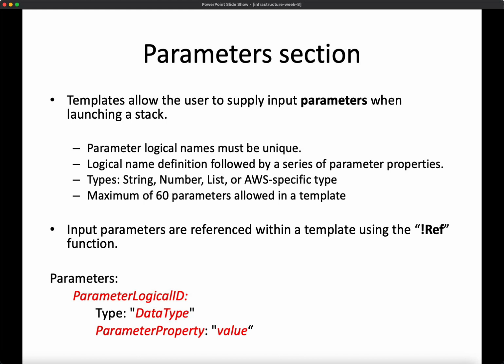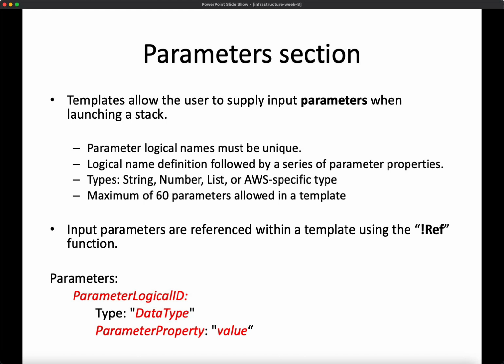You could use that same template then to launch a stack for a production environment, and via these parameters you could specify that the production stack has a significantly higher level of compute and memory capacity for the resources. So this is really the value of the parameter section. It's allowing us to parameterize and make our stacks somewhat dynamic.